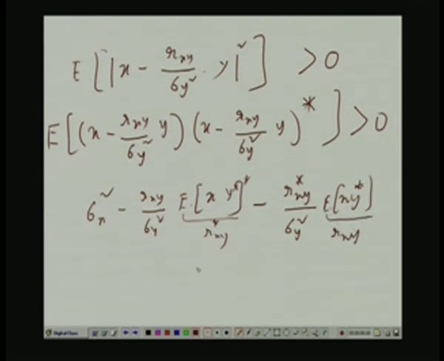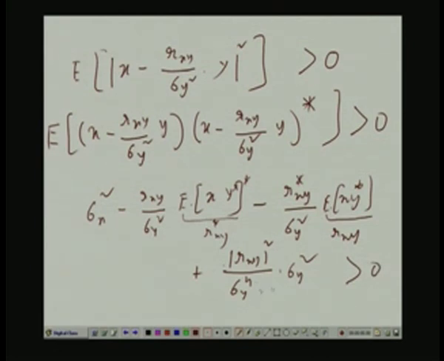The last term is r x y star divided by sigma y to the power 4 times r x y, so mod r x y whole square divided by sigma y to the power 4, into expected value of y star y, that is expected value of mod y square, which is again sigma y square. This entire quantity is greater than 0.